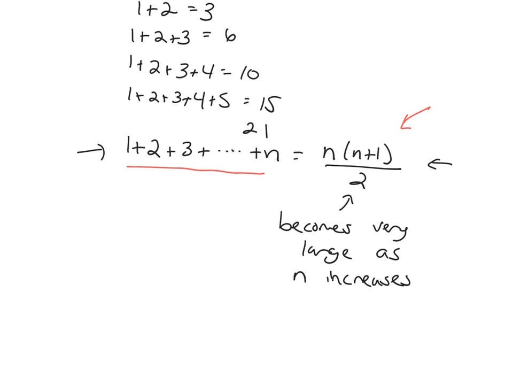Okay? So in this example, it wouldn't make sense to talk about the sum, because when I start adding up numbers, the numbers grow, the sum becomes too big, too fast.